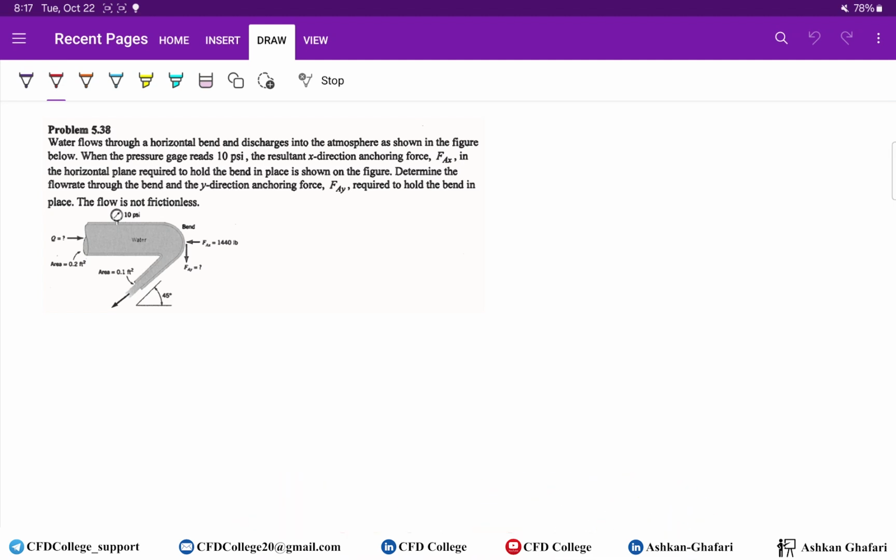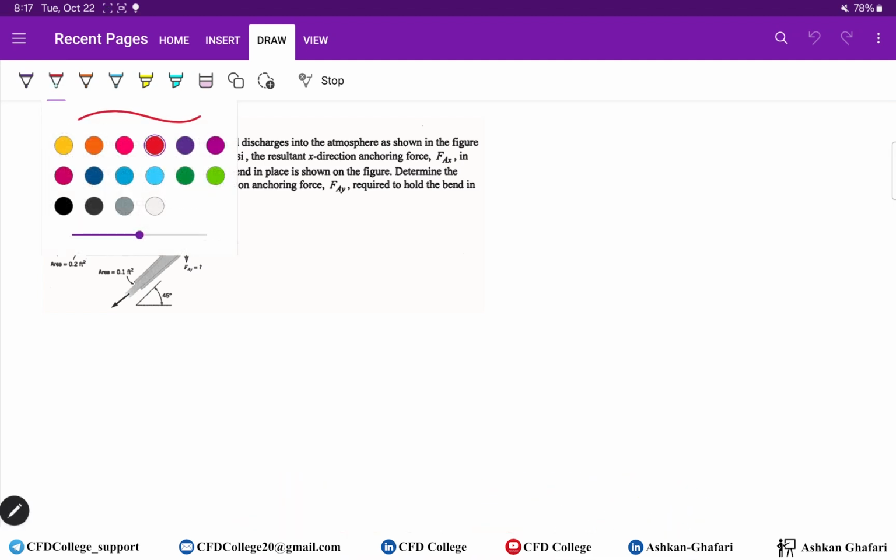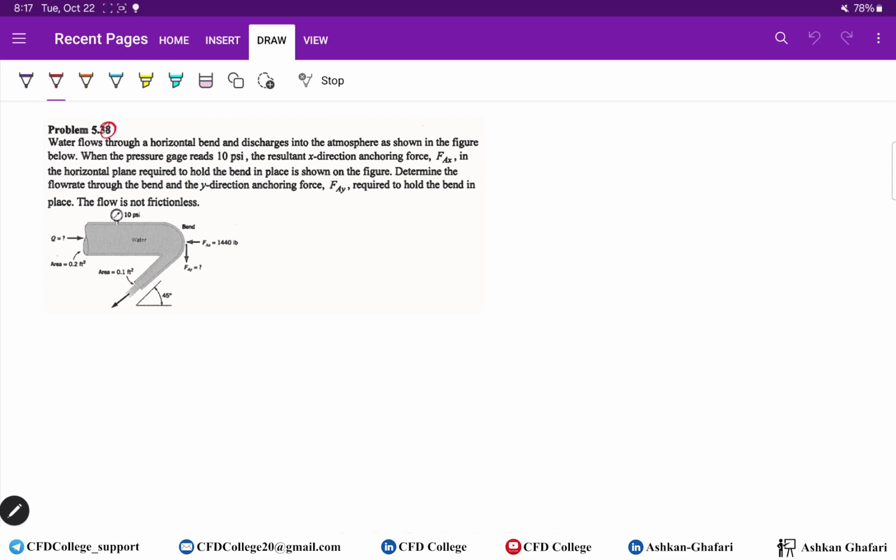So this is the first problem, number 38 from chapter 5. Here we have this pipe. Water flows through a horizontal bend. So we have this bend and discharges into the atmosphere. So here we have atmosphere.